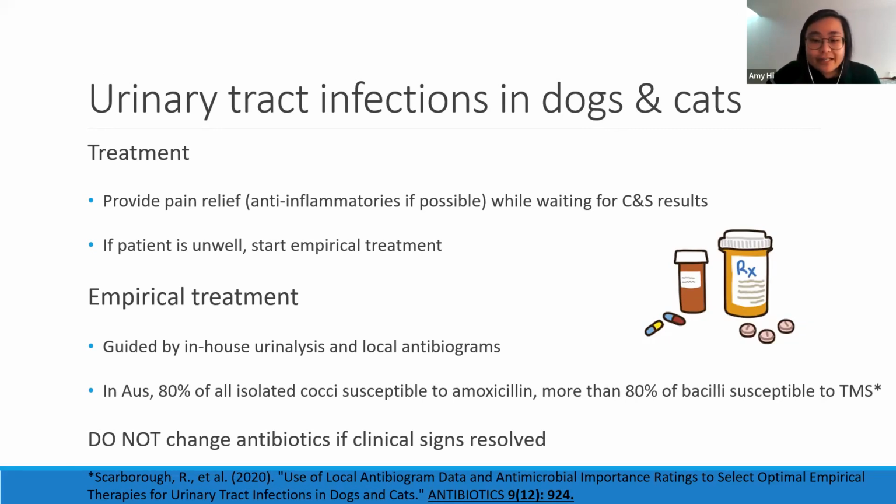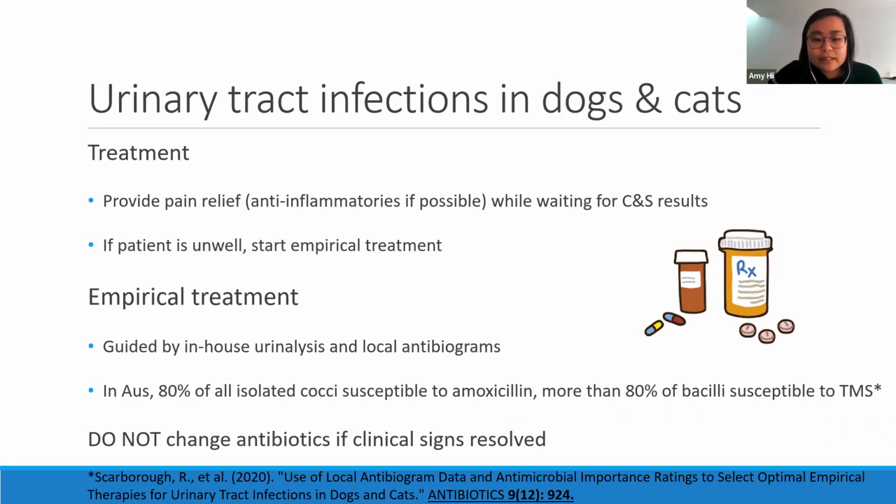Conveniently, in Australia, my colleague Ree Scarborough has published a study of over 6,000 urinary isolates from dogs and cats. She found that 80% of all isolated cocci were susceptible to amoxicillin, and more than 80% of rods were susceptible to trimethoprim-sulfa.